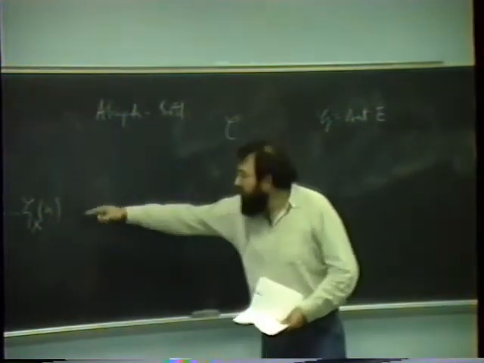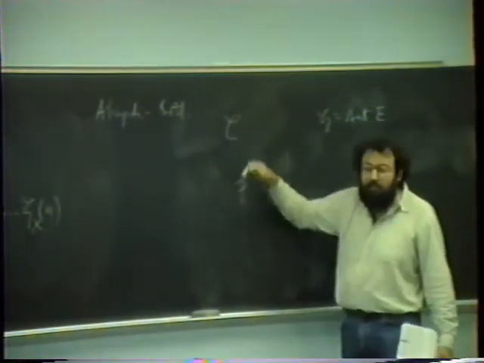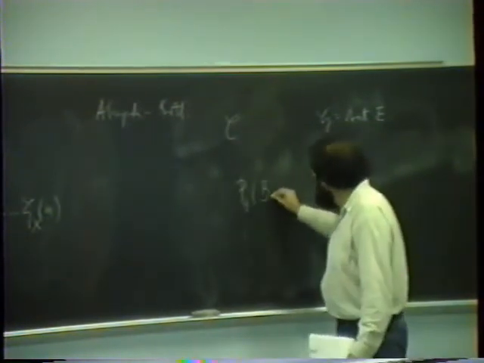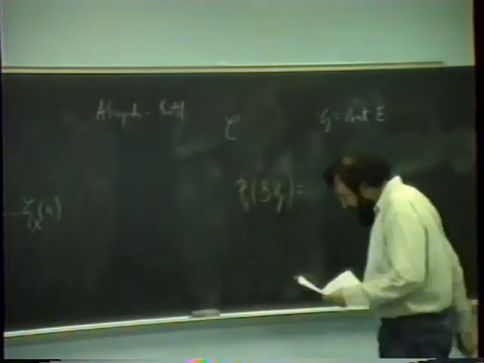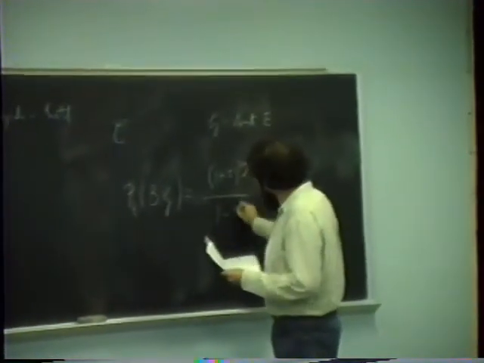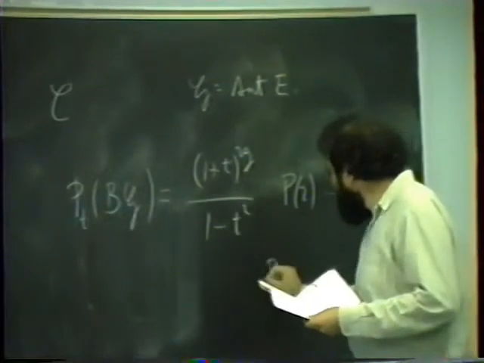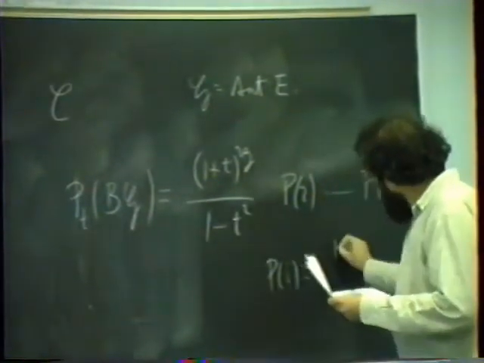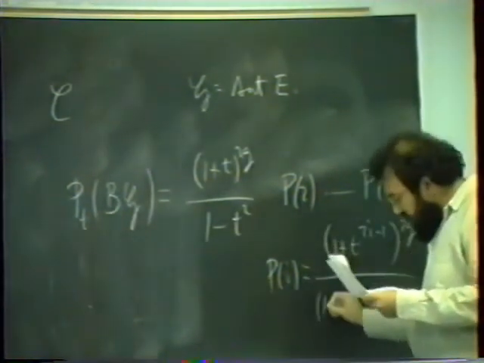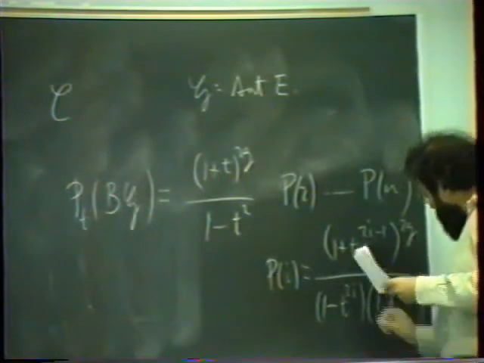The key formula here is the fact that when you look at the equivariant cohomology of the whole strata of all complex structures, that's contractible, so you get the classifying space of the gauge group, and this turns out to be (1 plus t to the 2g) over (1 minus t squared) times P_2 times ... P_n, where P_i is (1 plus t to the 2i minus 1) to the 2g divided by (1 minus t to the 2i) times (1 minus t to the 2i minus 2).